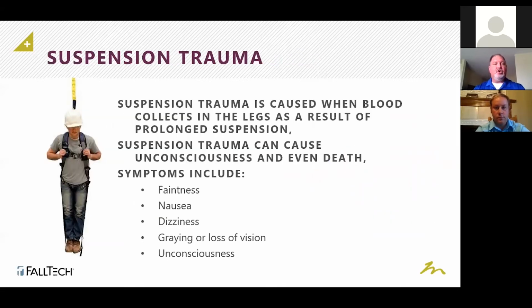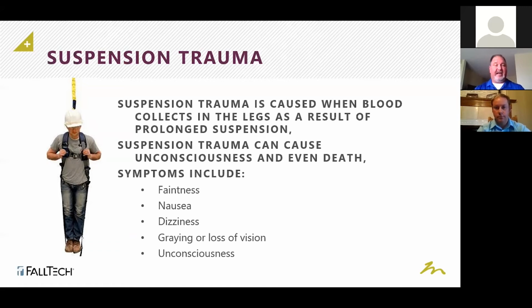One of the newest things out there, and a lot of manufacturers are now starting to add this permanently onto their equipment, is what we call suspension trauma straps. In the event somebody falls, we hope through all the training that they would have this harness on correctly. But we've all been on job sites. We've all seen people wearing their harnesses very loosely.